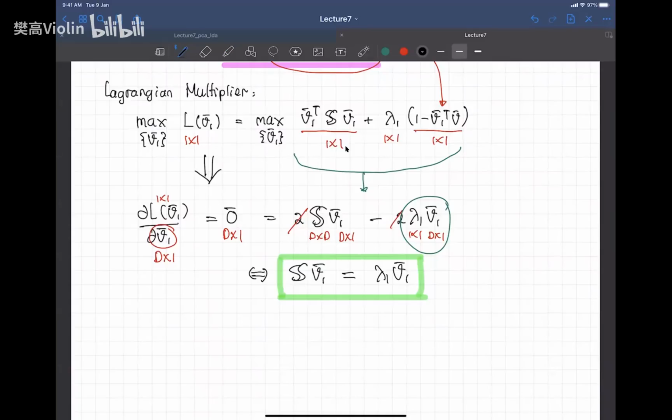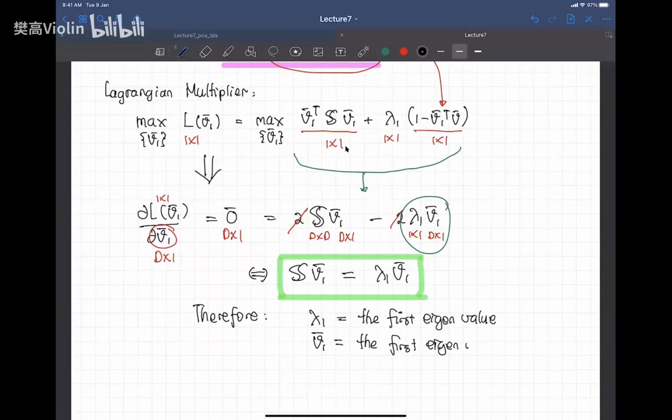So therefore, lambda 1 is the first eigenvalue and V1 is the first eigenvector.